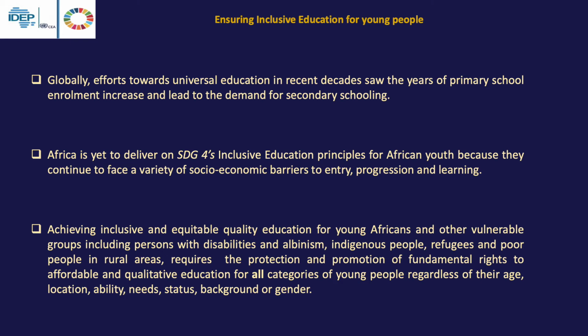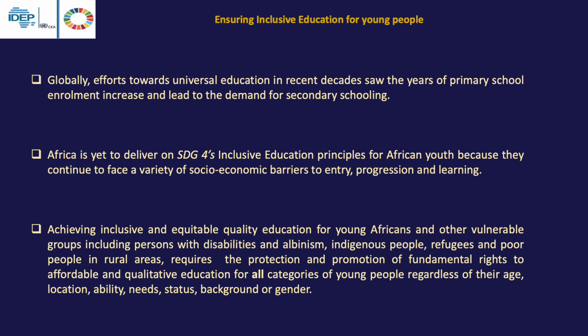Unfortunately for us here in Africa, even with the giant strides being made to promote inclusive education in relation to SDG 4, young people are yet to enjoy the benefits of inclusive education because they continue to face a variety of socio-economic barriers that impede entry, progression, and learning for them.